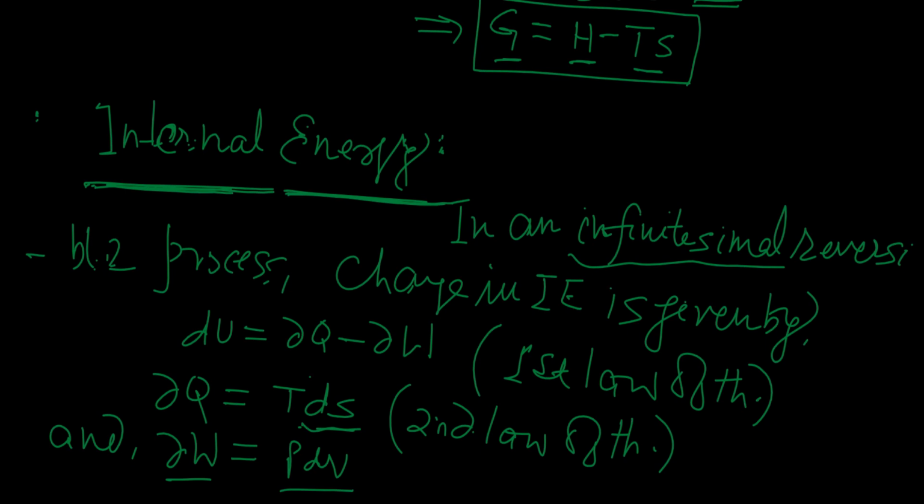we will have to start with the first two laws of thermodynamics: the first law of thermodynamics and the second law of thermodynamics. You know, in accordance with the first law of thermodynamics, in an infinitesimal reversible process, the change in internal energy is what? That is the mathematical form of the first law of thermodynamics. For your convenience, I just write this simple sentence: in an infinitesimal reversible process.